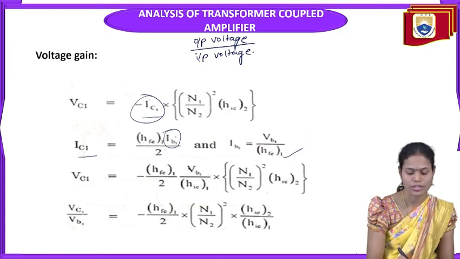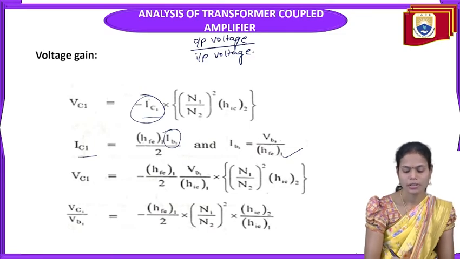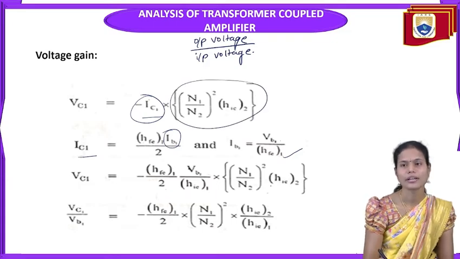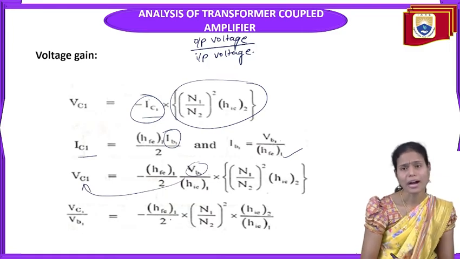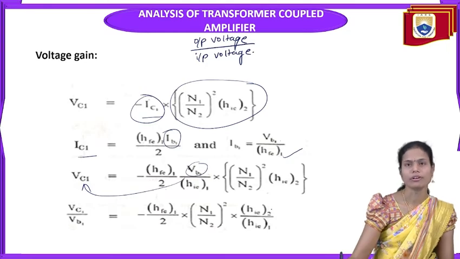VC1 equals hfe1 divided by 2 and IB1 is VB1 by hie1, into this total term, (N1 by N2) whole square into hie2. If we take this VB1 to the left side, we get VC1 by VB1 equal to minus hfe1 by 2 into (N1 by N2) whole square into hie2 by hie1.